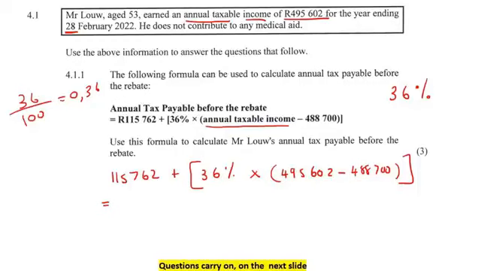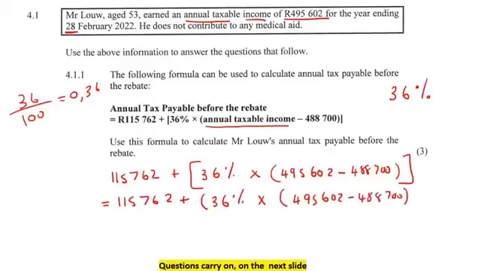On the Casio calculator, for example, you open a bracket, say 36, then percentage, then open another bracket. You close that bracket, which is the opposite of this one, and then you close the other bracket, which is the opposite of that one. You'll type it in just like that, and so this should give us 118,246.72.